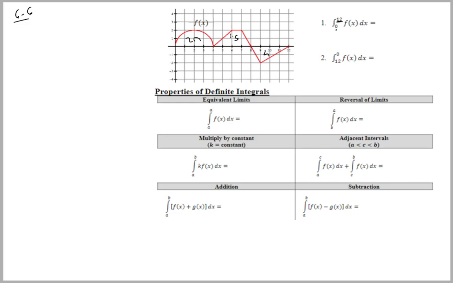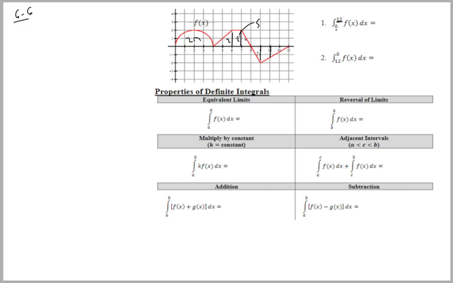Let me recompute: this is 2, this is 2, this is 1, so this is 5, and this is 2 pi.